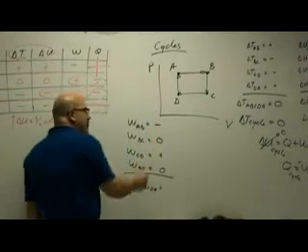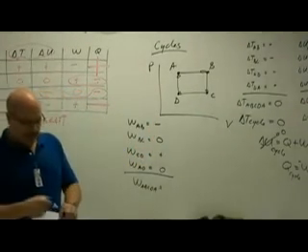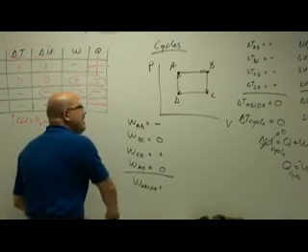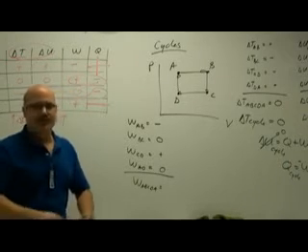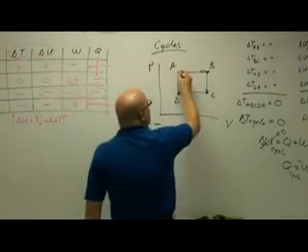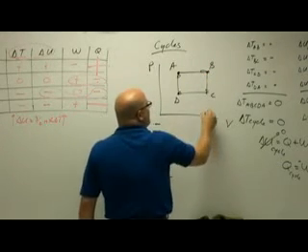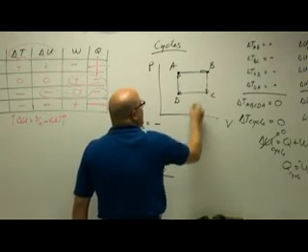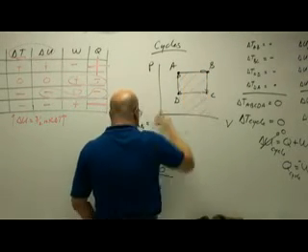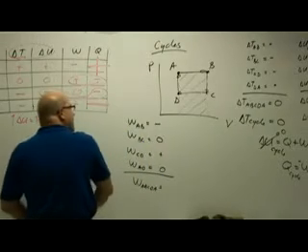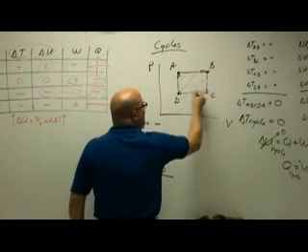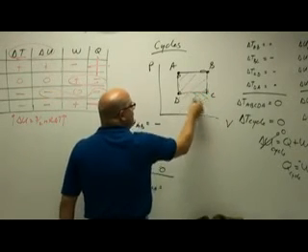Is this negative and this positive the same? I want you to think in terms of area. This area from A to B is this area. This area from C to D is only this area.